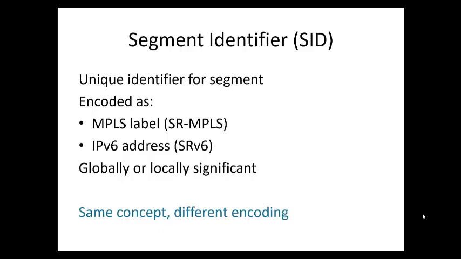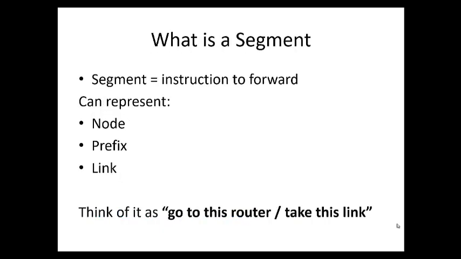Now segment ID, or segment identifier, SID, is a unique identifier for a segment. Just now we saw a segment is nothing but a router, or it can be a link, or it can be a prefix. When you focus on prefix, then you can have equal cost multipathing.